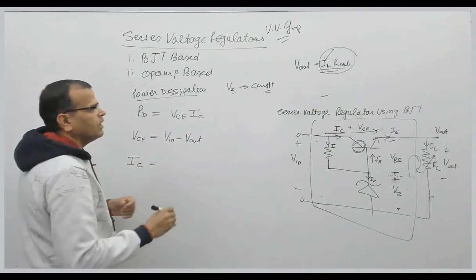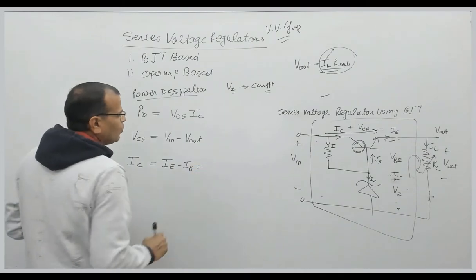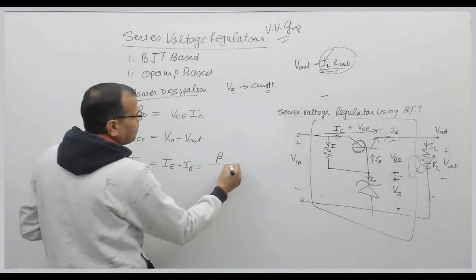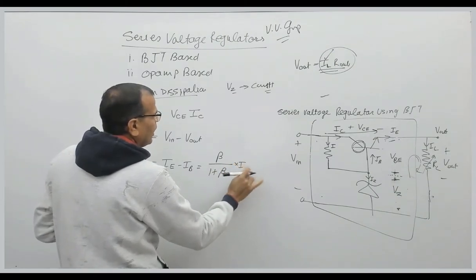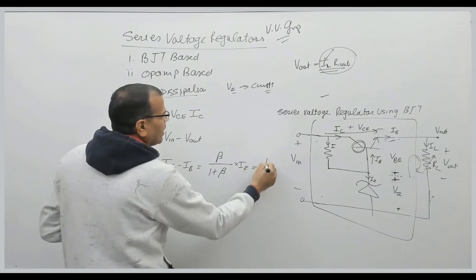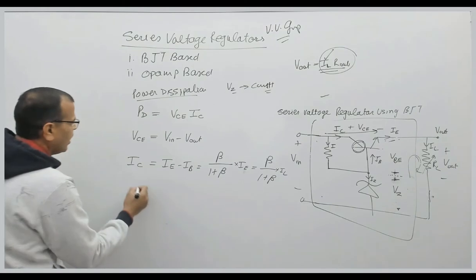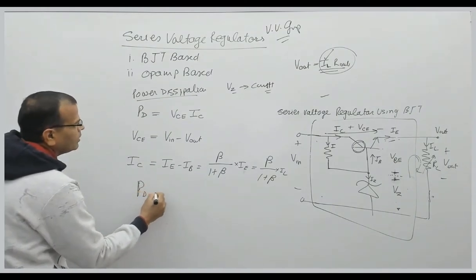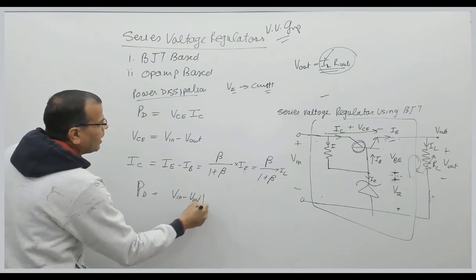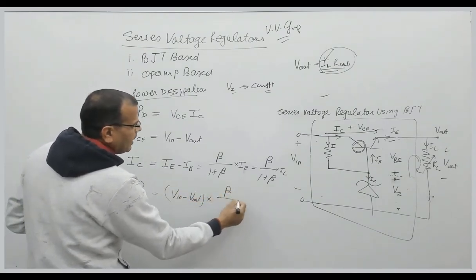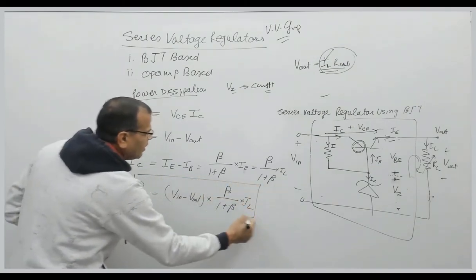The collector current is equal to IE minus IB, and that is equal to beta by 1 plus beta into the emitter current, and we know the emitter current is the same as the load current, so that is beta by 1 plus beta into IL. So now my power dissipation is equal to V in minus V out multiplied by the collector current, which is beta by 1 plus beta into the load current. This is the power dissipation.